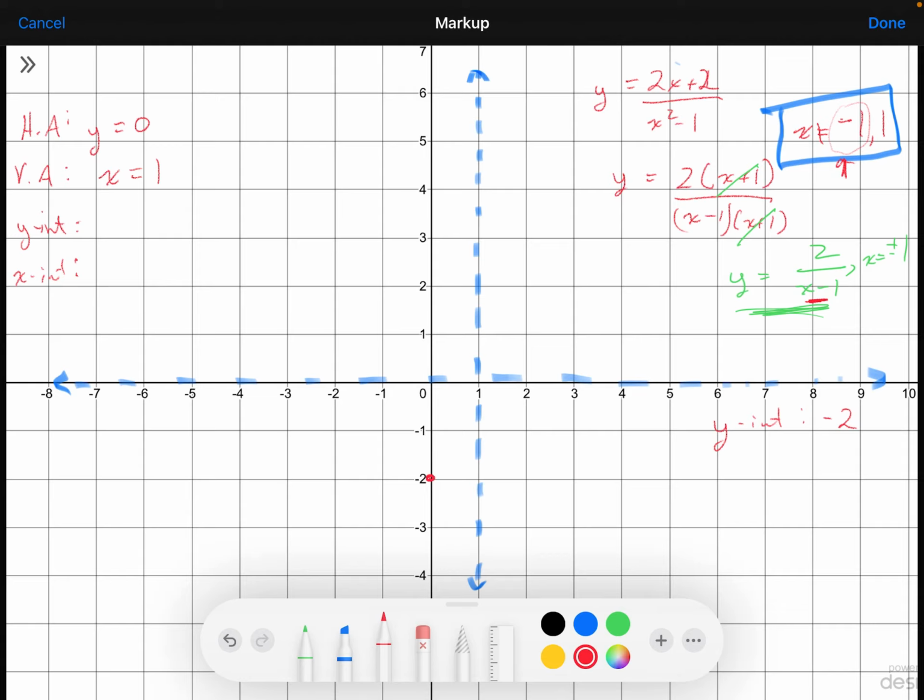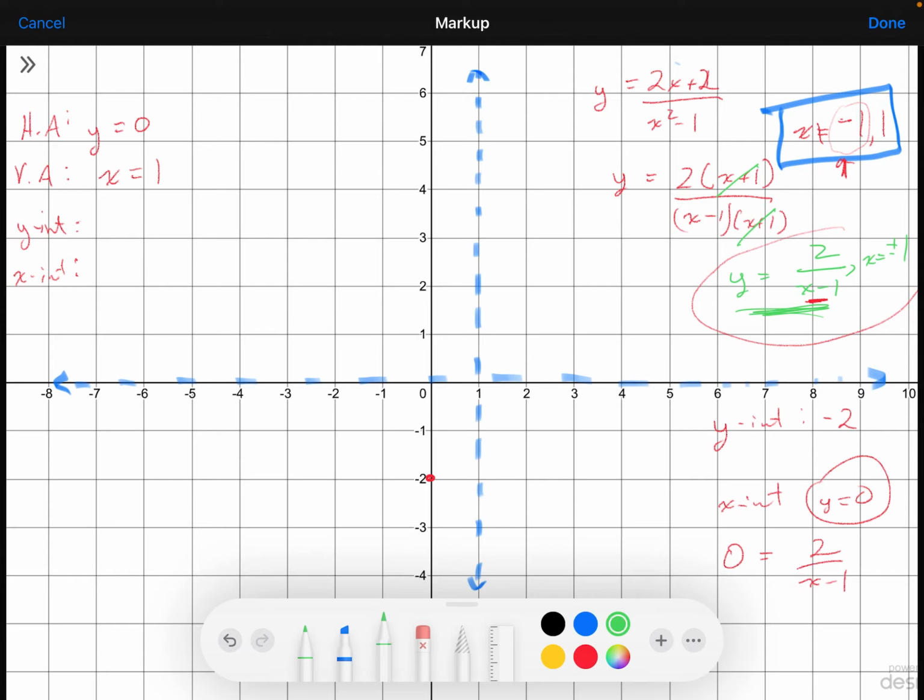Now, my x-intercept is going to be a little bit more challenging. I take a look at my simplified fraction. So for my x-intercept, I have to let y is equal to 0. So 0 is equal to 2 over x minus 1. So solving this equation is going to be very tough.